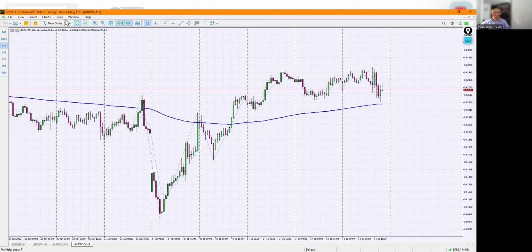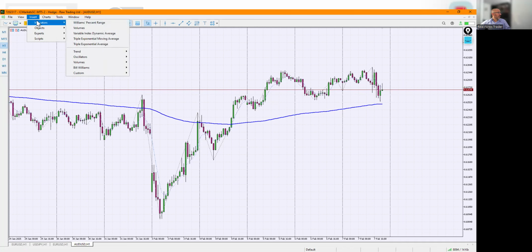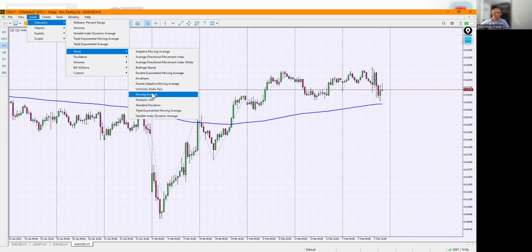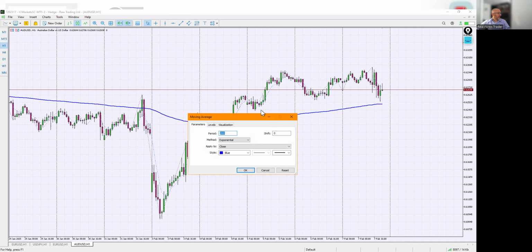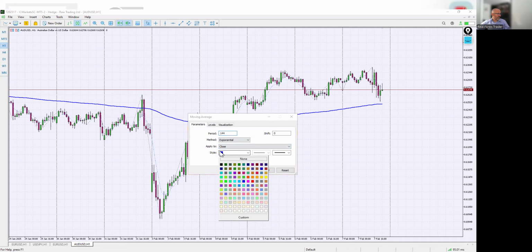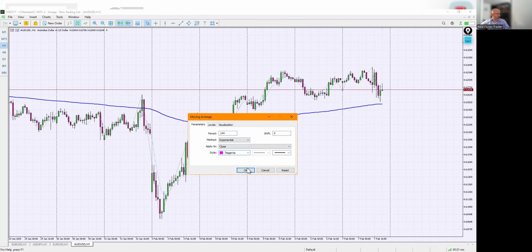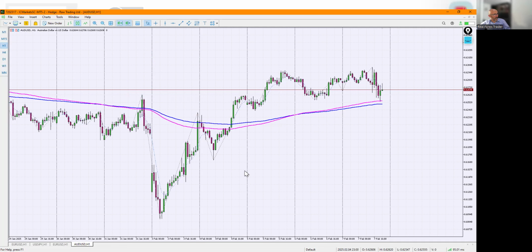Now let's set another EMA: insert indicators, trend, moving average. This is exponential. Let's say, for example, 144, okay? Change the color to the one you feel most comfortable with, and set.